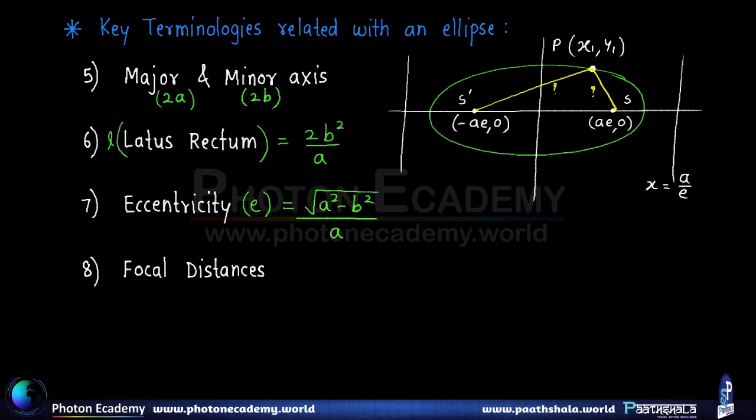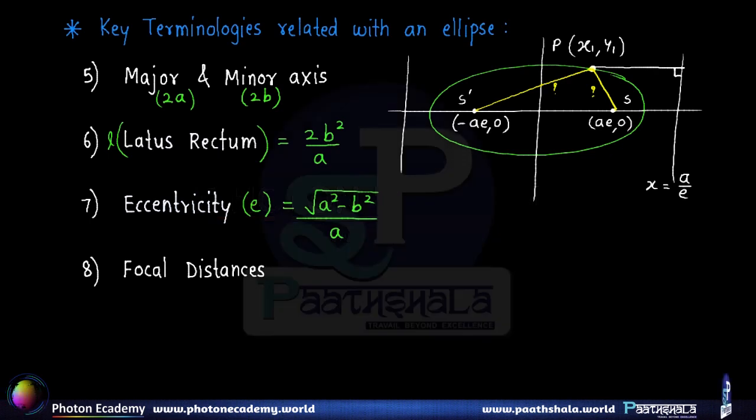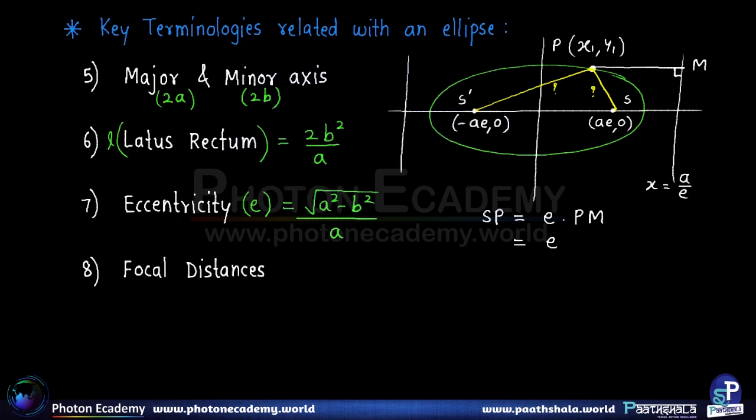We know by the definition of eccentricity, the very fundamentals, if we consider the perpendicular distance of the point from the directrix, and let's call that PM, we know that SP is nothing but e times PM, because it follows from the definition of eccentricity. So that is equal to e into the bracket. Now what is PM? We have to consider what this distance is.